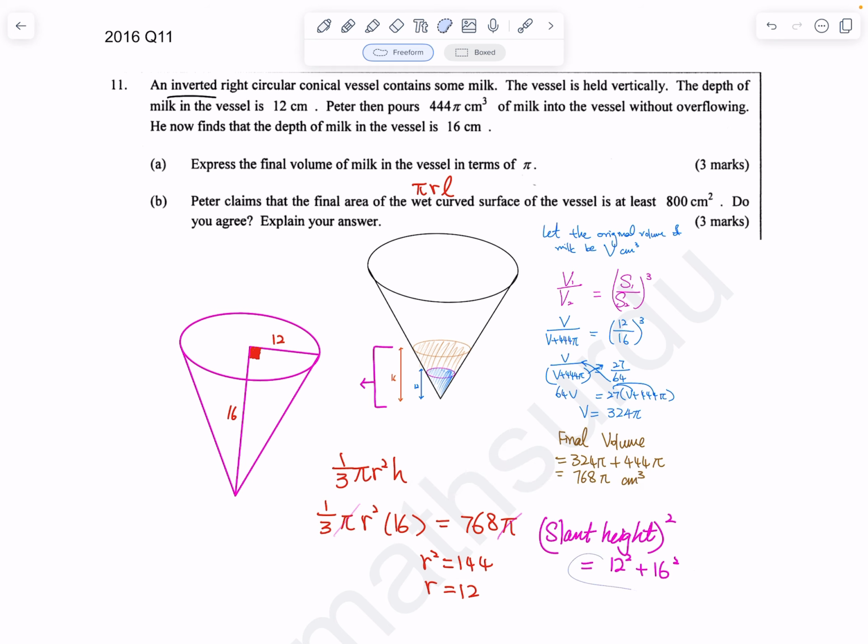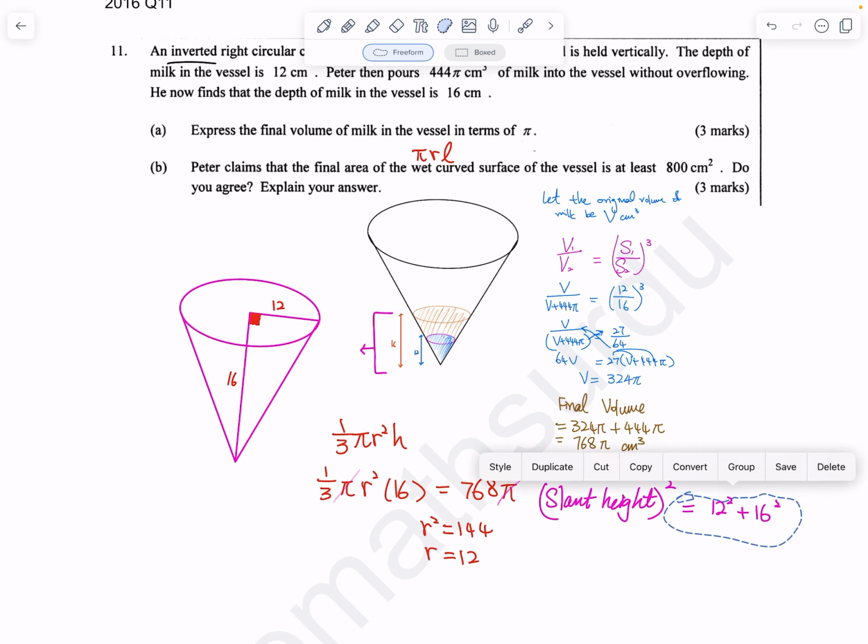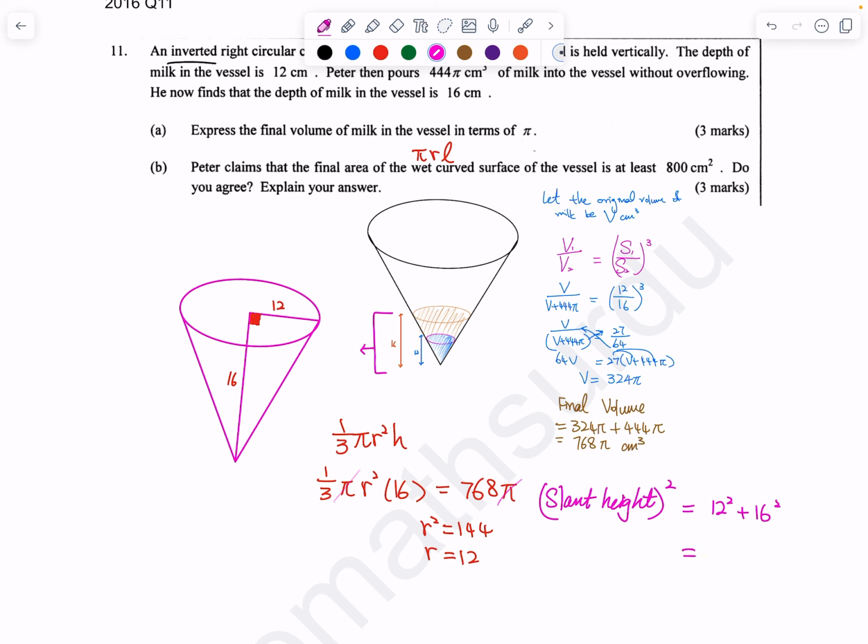The slant height is your c, right? 144 plus 256, and then see whatever answer you get. If you don't want the square, you do a square root and then find your answer. I don't want to click right now, so you do it, and then what do we get? So now you have your slant height, you have everything, right?